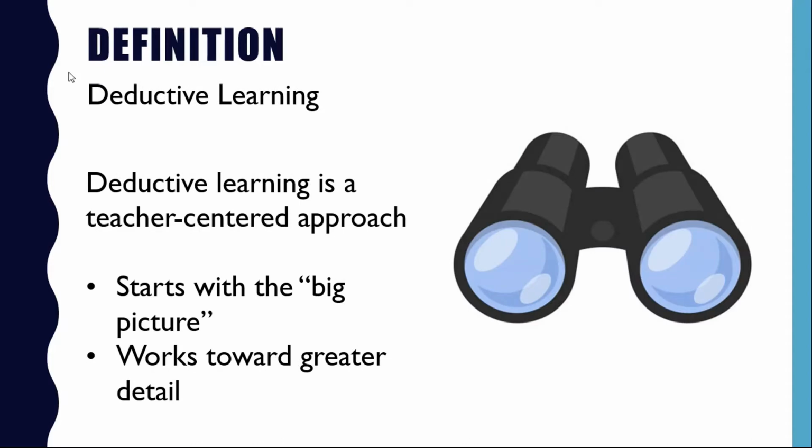The definition of deductive learning is that it is a teacher-centered approach where you focus on rules followed by examples. It starts with the big picture and it works toward greater detail. It's like using a pair of binoculars to bring the big picture into focus and working to find smaller details in focus.